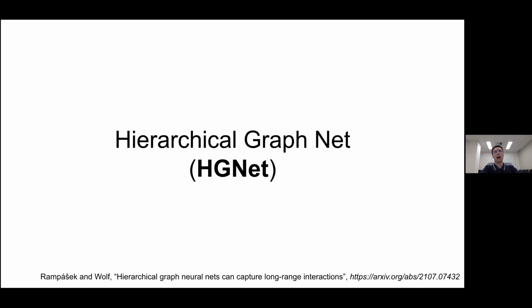All right, now I'm getting to our work, Hierarchical Graph Net, HGNet, which is principally similar to that of the Graph U-Net. What we really focused on is the effect of different pooling to create the hierarchy, and whether this type of construction of graph neural networks can really represent long-range interactions, because it's something that has not been studied by the prior literature in great detail.